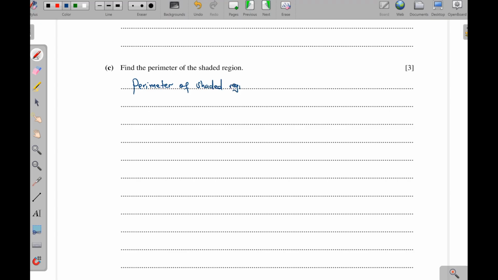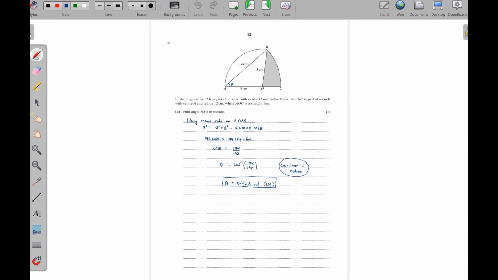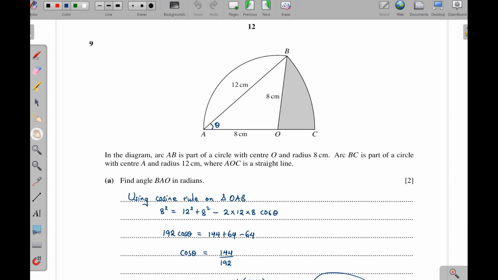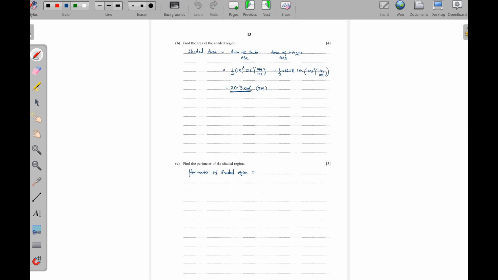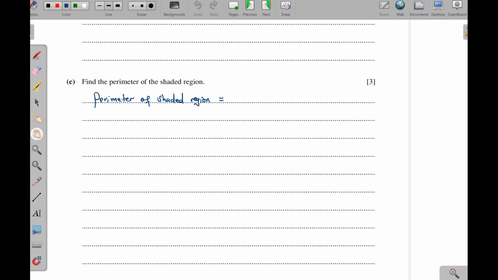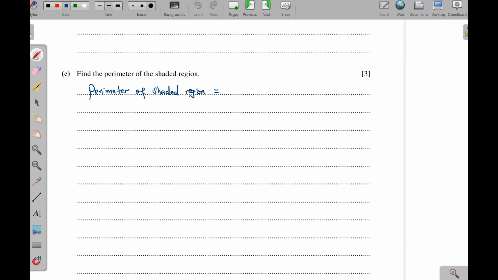Now, let's go. So perimeter of the shaded region is equal to, we have seen which parts we have. We have the OB, which is 8. We have the OC, which is 4, and then the arc BC. So we shall have OB, then plus OC, then plus the length of the arc BC. Now what is our OB?